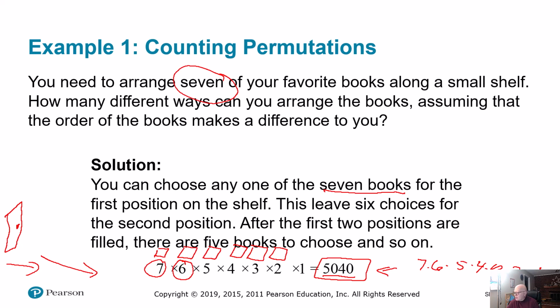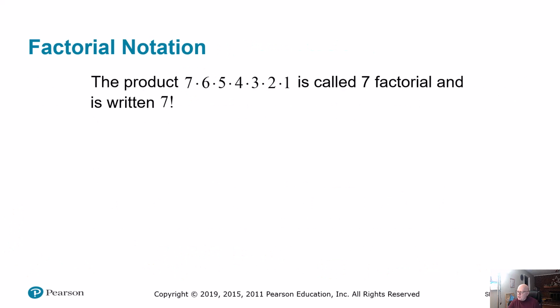Well, it turns out that this is a special mathematical model. You start with number 1, next number, going up the integers, and multiply them all together until you have as many as you want. So 1 times 2, 3, 4, 5, 6, and 7. And that is called factorial. We've got a special notation for that.